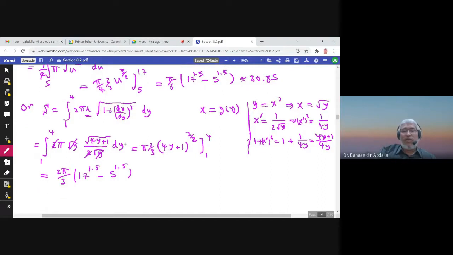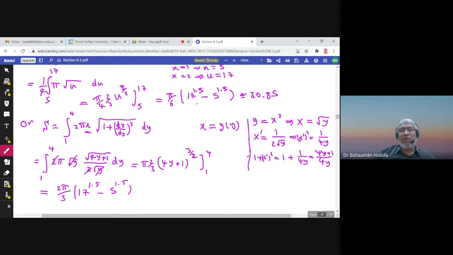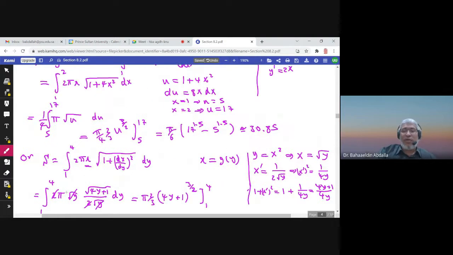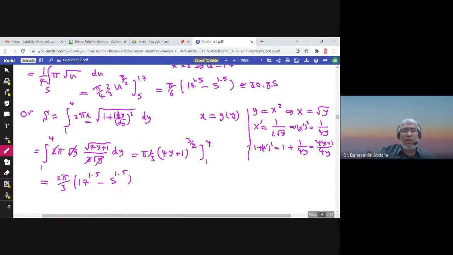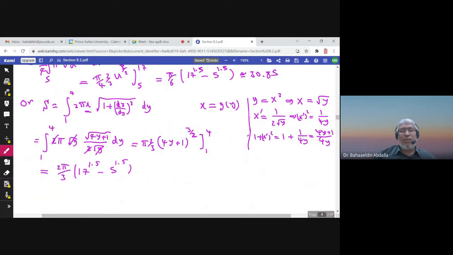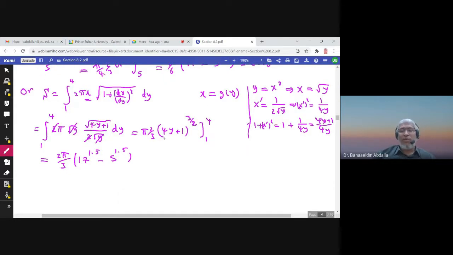So the difference here is this is pi over 6 and this is 2 pi over 3. Yeah, here when I find the integral of 4y plus 1, it should be 4y plus 1 to the power 3 over 2 times 2 over 3 times, in fact, times what? 1 over 4.